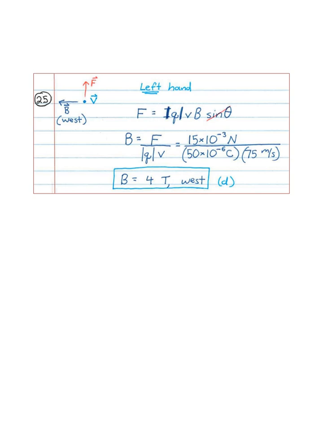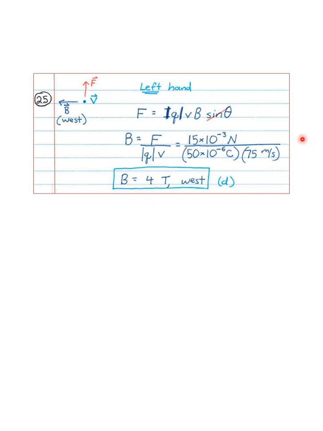Since it's a negative charge, we're going to use our left hand, and we have the equation force equals charge times velocity times magnetic field times the sine of the angle, and the direction between velocity and magnetic field is perpendicular, so the sine of 90 degrees is 1. We have F equals QVB. And for Q, notice that it's the absolute value sign, so we're not going to use the negative in there. We solve for B, and we get 4 Teslas.